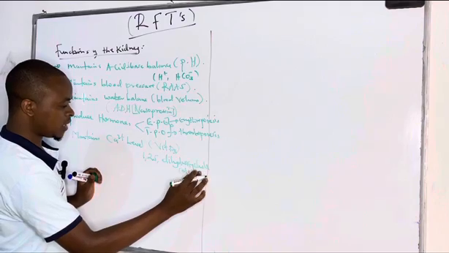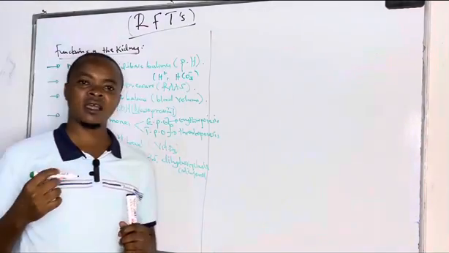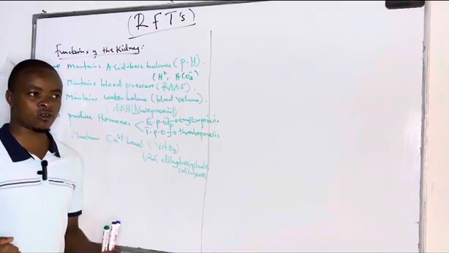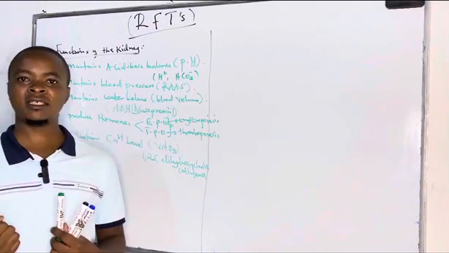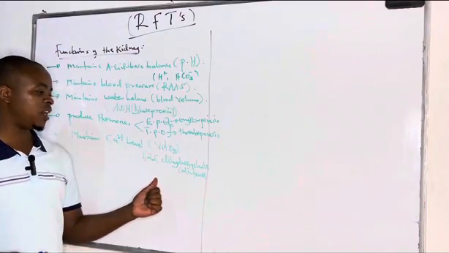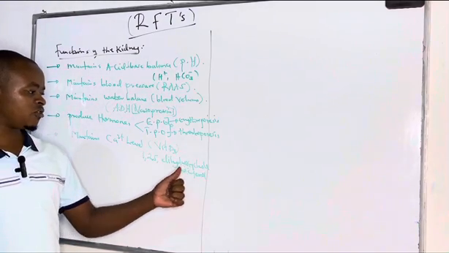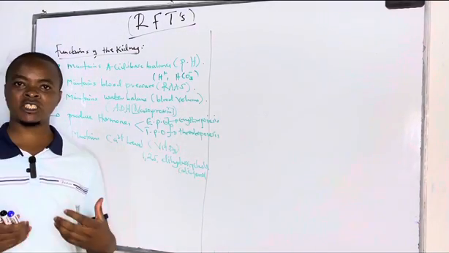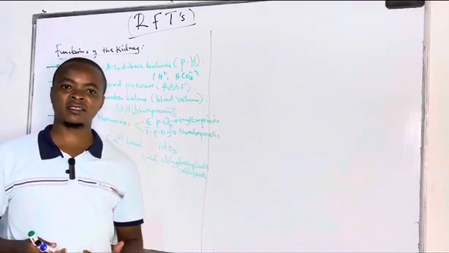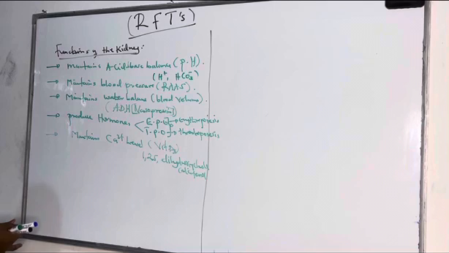This is the one that enhances absorption of calcium within the intestines. In case there is low calcium in the blood or in the body, the kidney produces 1,25-dihydroxycholecalciferol, or what we call calcitriol, and it is responsible for enhancing absorption of calcium within the intestines.